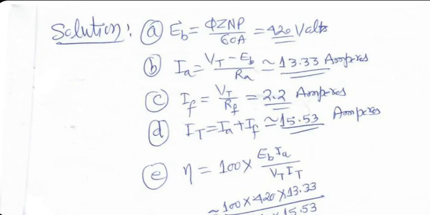The total of armature current and field current will be the terminal current. This is a motor. So the total current drawn from the supply by this motor is 13.33 plus 2.2 amperes, which is around 15.53 amperes.